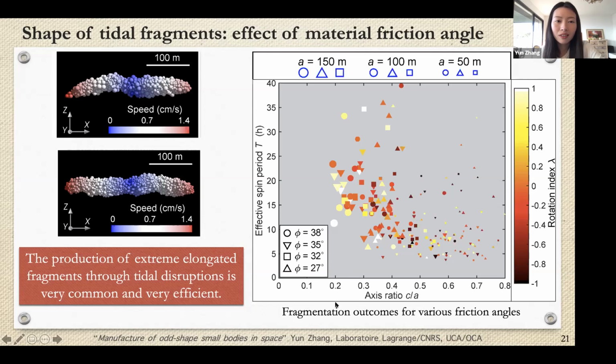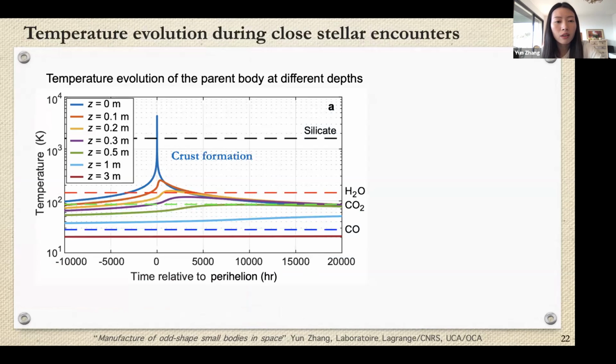We need to consider the material strength, like the cohesion. So we conducted thermal modeling for the close stellar flyby. The thermal modeling shows that the surface material of the parent body exposed to the star will melt near perihelion and then solidify 3 hours after the perihelion.